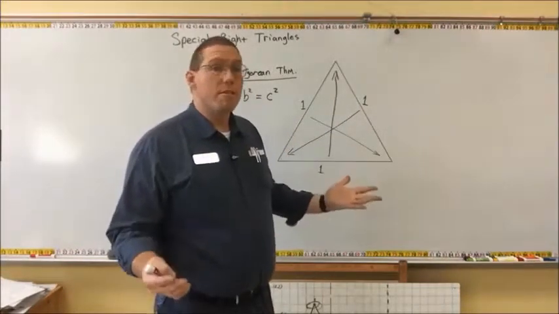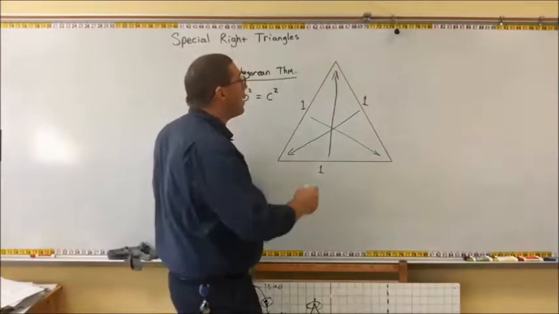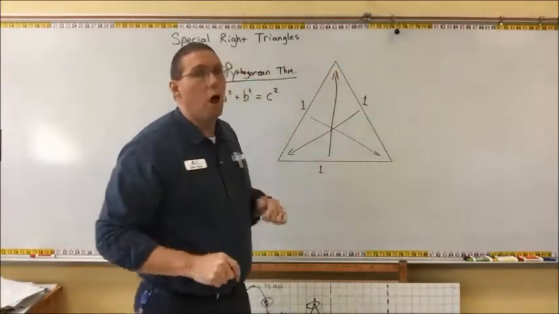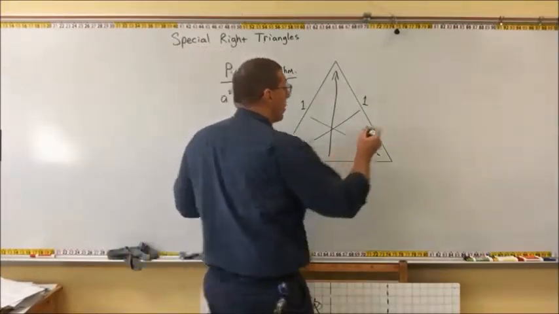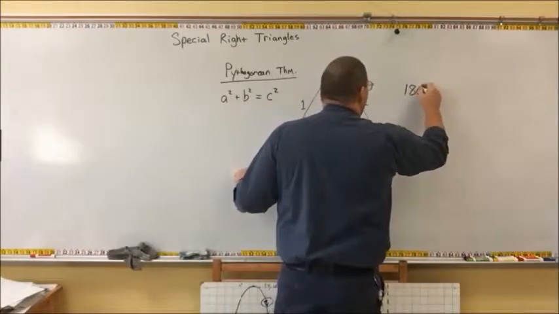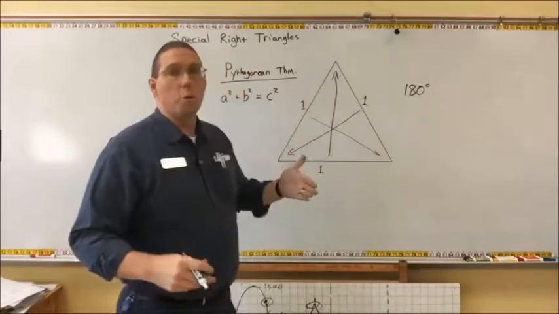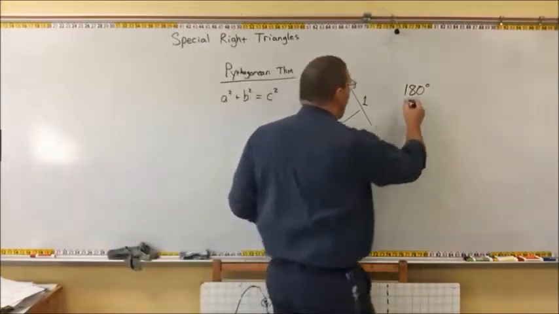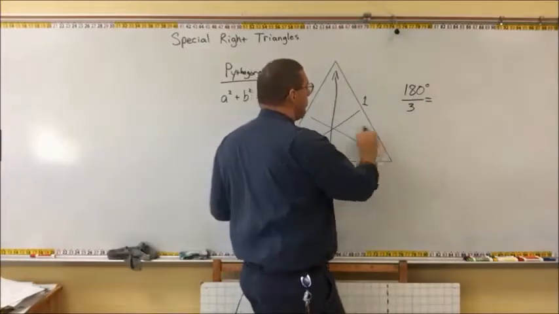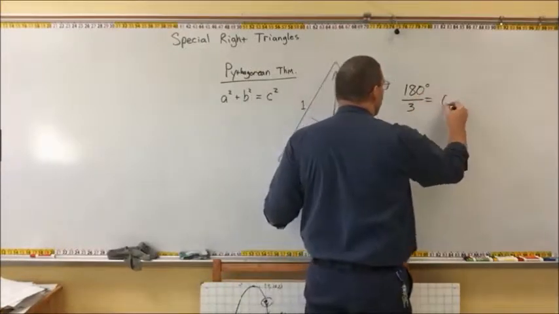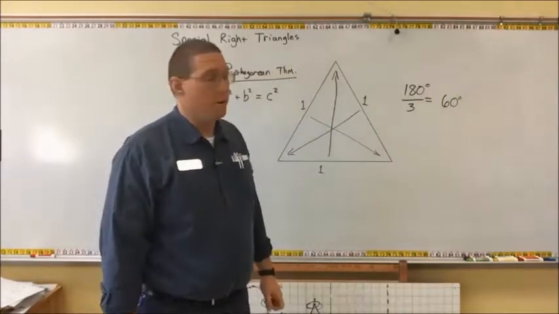So if the 3 sides of the triangle are equal, then the 3 angles of the triangle are also equal. And since all triangles, the 3 angles add up to 180 degrees, since these 3 angles are going to be equal, we can divide 180 by 3, and that shows us now that the measure of each one of these angles is 60 degrees, because 180 degrees divided by 3 is 60 degrees.